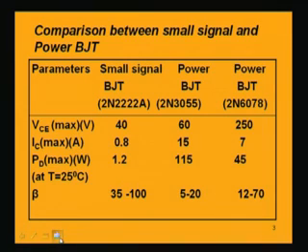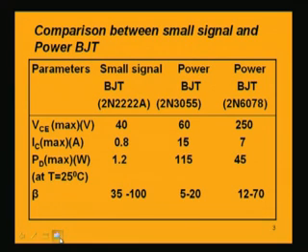Now, if we compare a small signal BJT and a power BJT as per these different parameters of voltage, current and power ratings, we can very clearly see the difference between these two types of transistors.